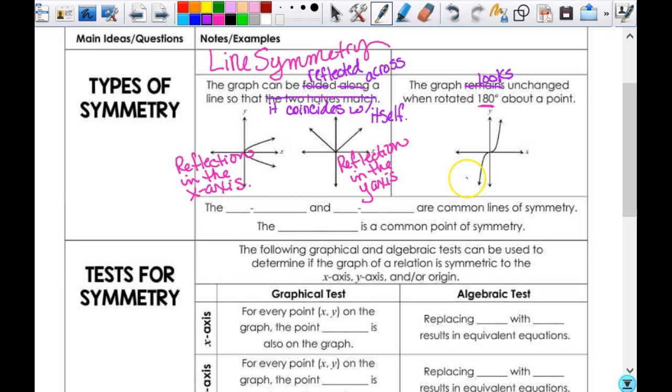So if you look at this graph, and then you take your paper, and you turn it 180 degrees, it should look the same, right? It should look unchanged, but clearly I just changed it because now it's upside down, right? So does that make sense to you? Even though this is rotational symmetry, the rotational symmetry that goes 180 degrees is called point symmetry.